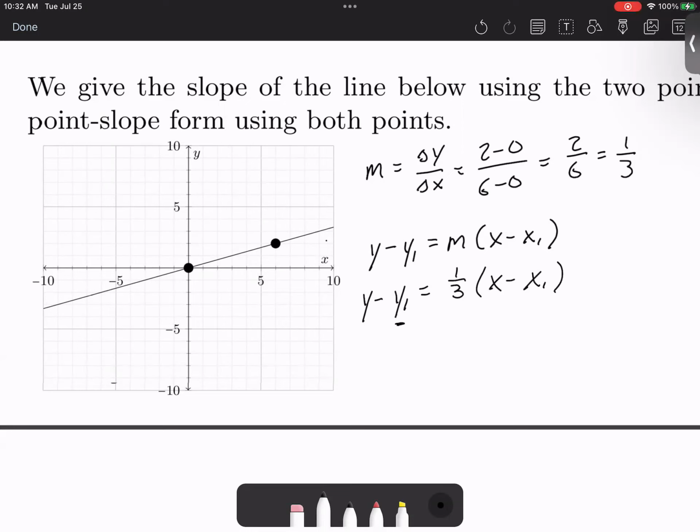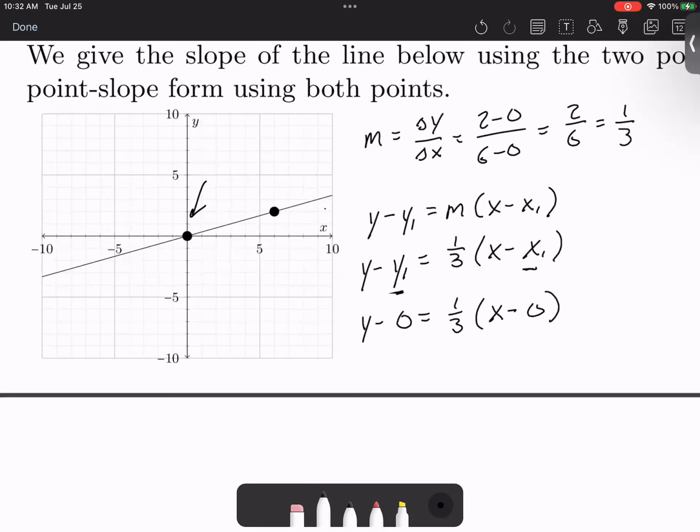And for this point, y1 and x1, I get to choose any point that's on the line. In fact, let's go through both. If I choose the origin, then the y value is 0, and the x value is 0. So this simplifies to y is equal to 1/3 x.